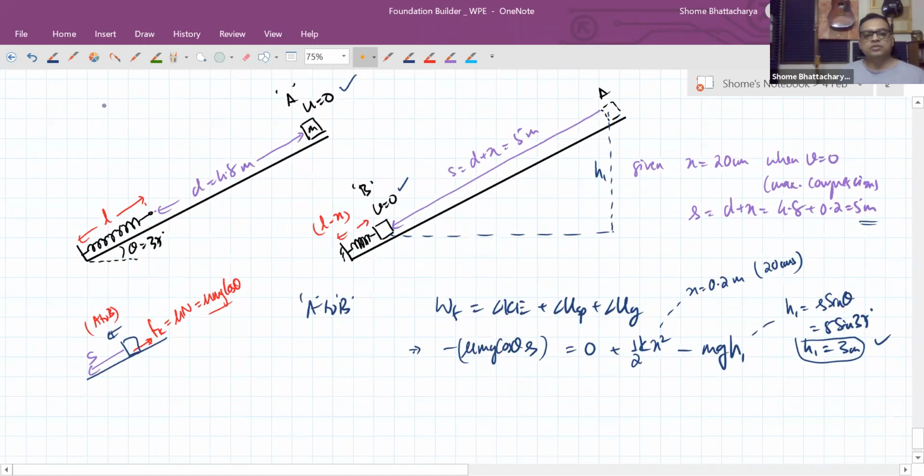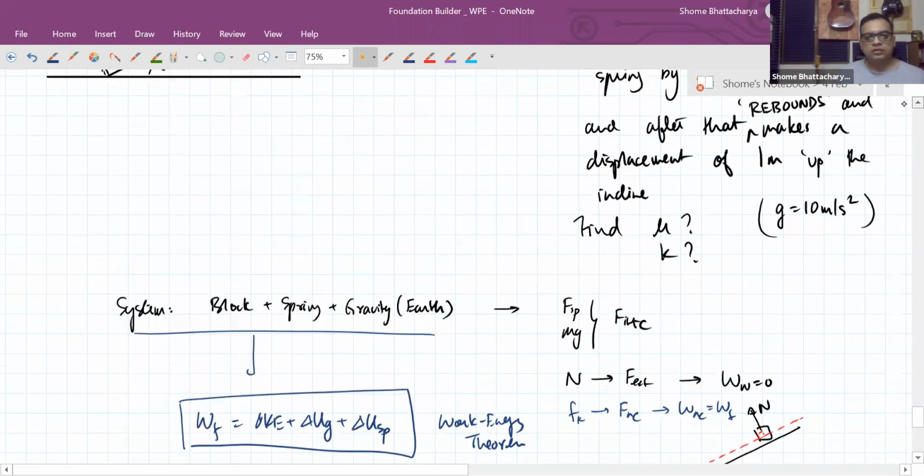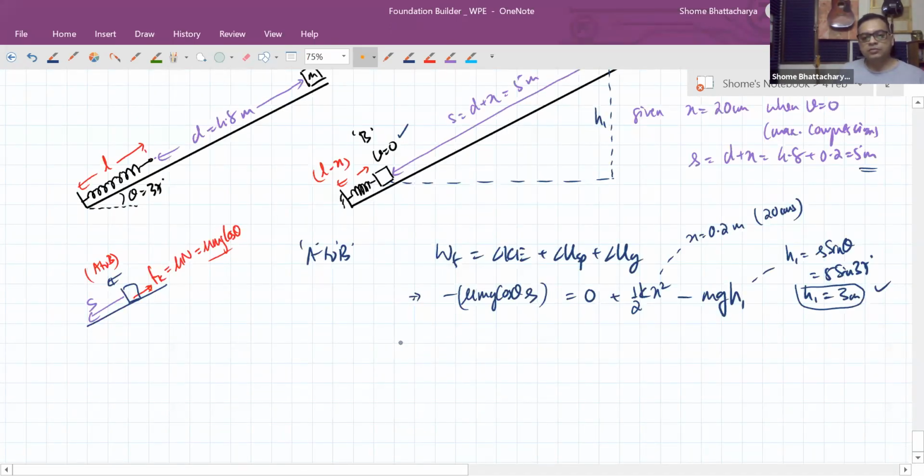So let's see what this equation is giving us. So M was how much? It was 2 kgs, right? Yeah, M was 2 kgs. So this will become minus mu into 20 into cos 37. Okay, theta remember is 37. So cos 37 is 4 by 5 into S, which is 5 meters, is equal to half k into this, okay, minus 2 into 10 or 20 into h1, which we saw is 3.